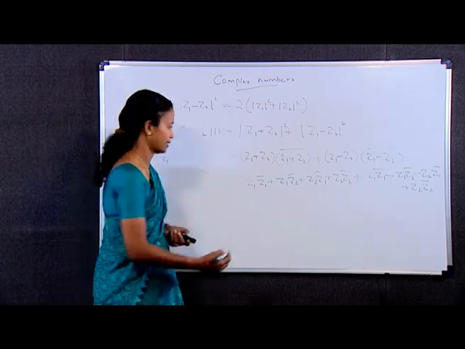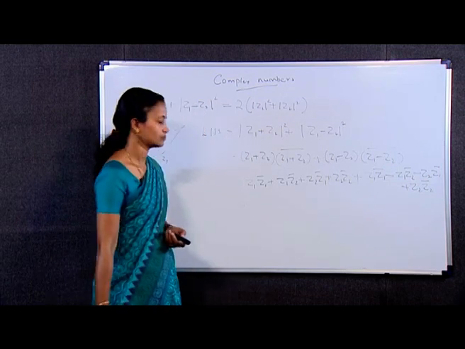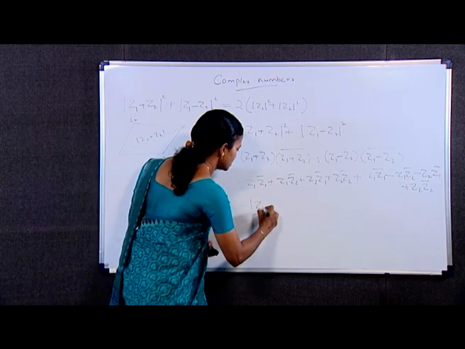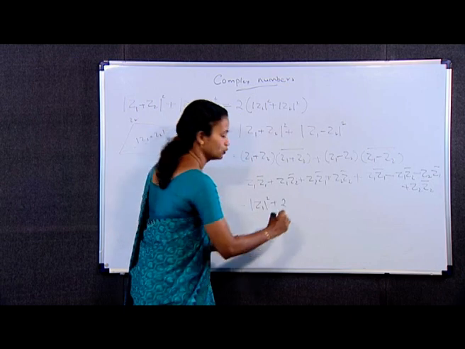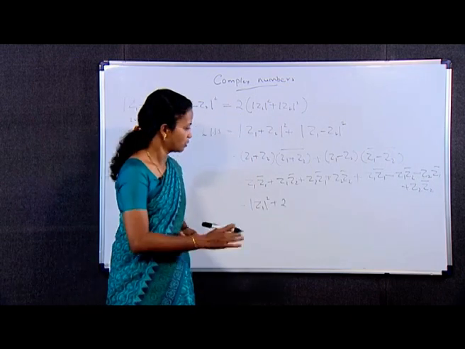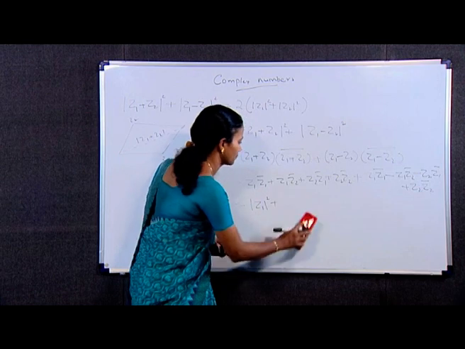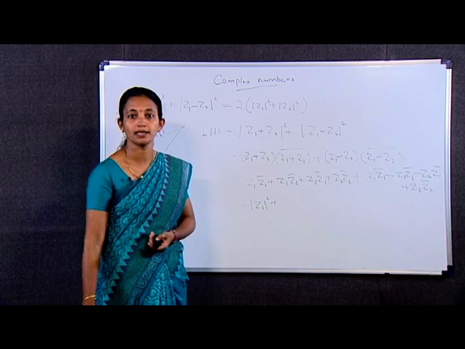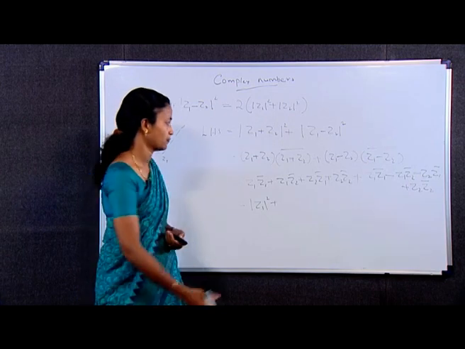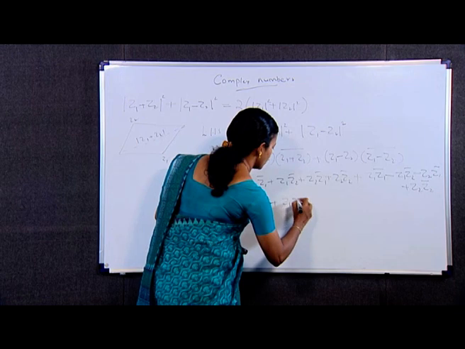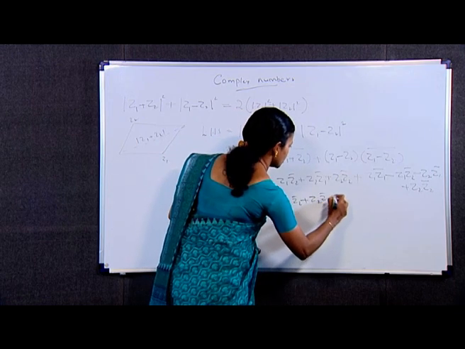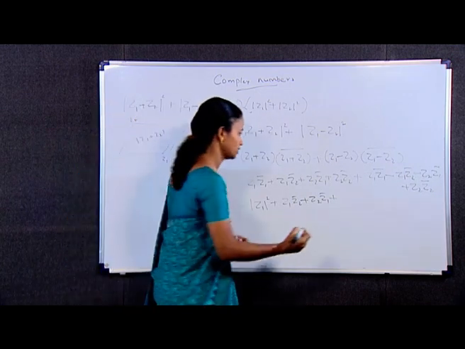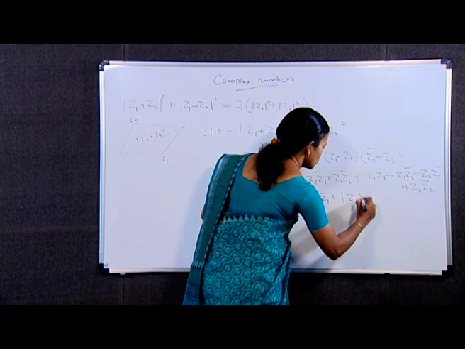So, all together we can write this as mod Z1 square plus Z1 Z2 conjugate plus Z2 Z1 conjugate plus Z2 Z2 conjugate, and we can write Z2 Z2 conjugate as mod Z2 square.